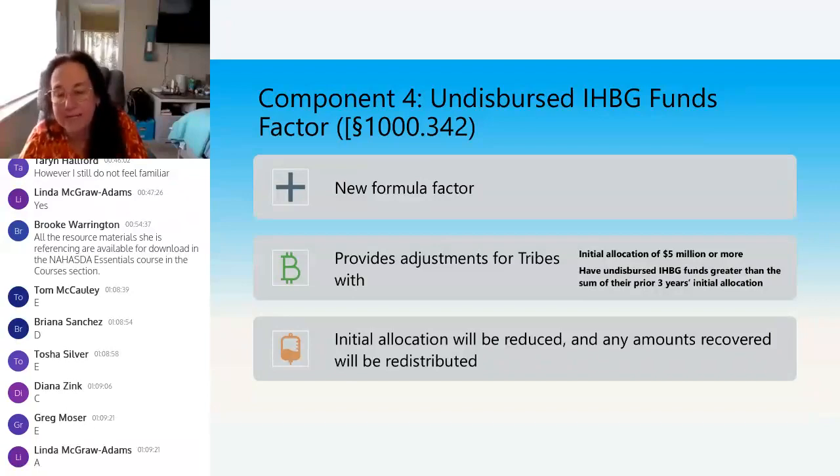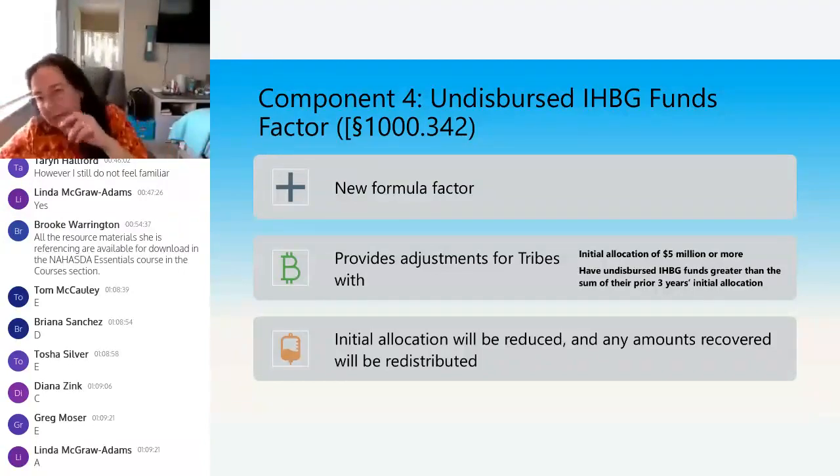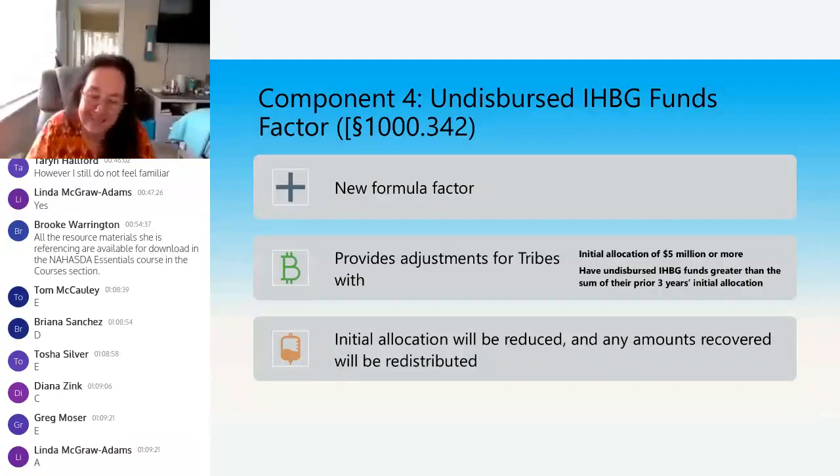If their initial allocation, their yearly allocation, is $5 million or more, that's why it only applies to those, and if they have undispersed block grant funds greater than the sum of their prior 3 years' initial allocation, the initial allocation would be reduced, and any other amounts recovered would be redistributed to all of the participants within the program. So it dealt with what they called a pipeline, so that they weren't sitting on too much money because of the large amounts that they received.